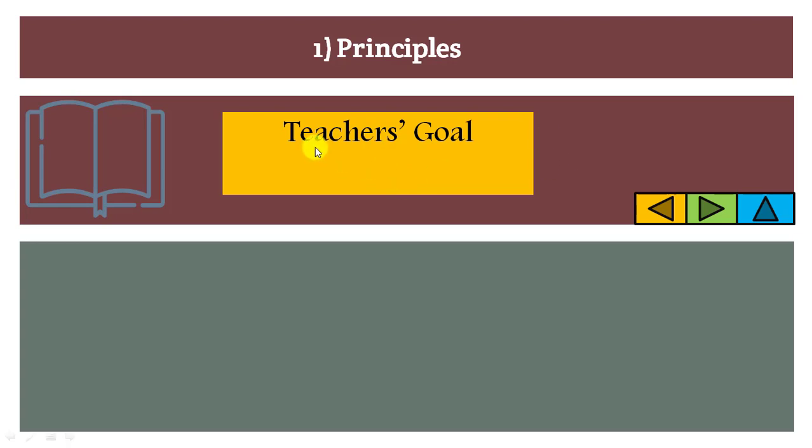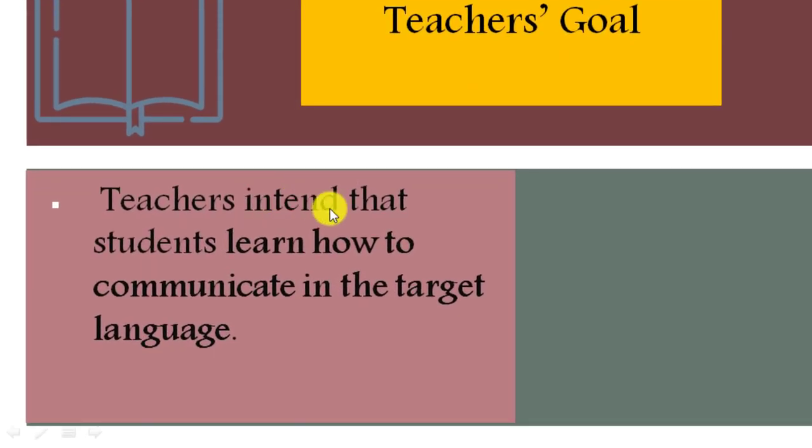What is the teacher's goal in this method, in the direct method? The answer is, in this method, teachers intend that students learn how to communicate in the target language.